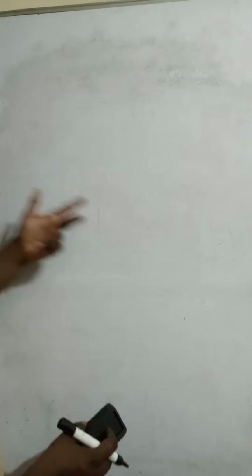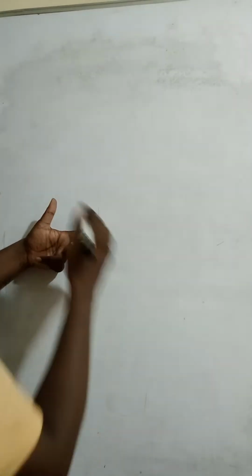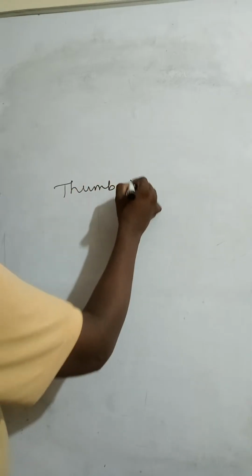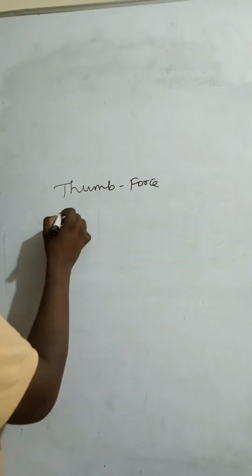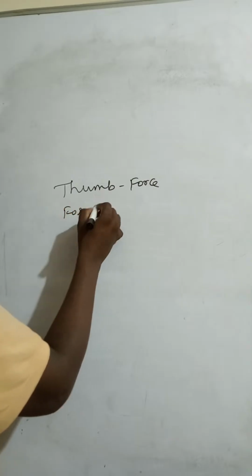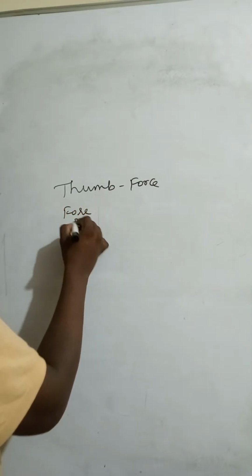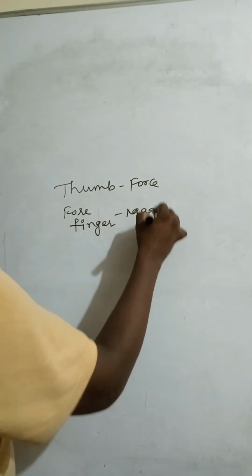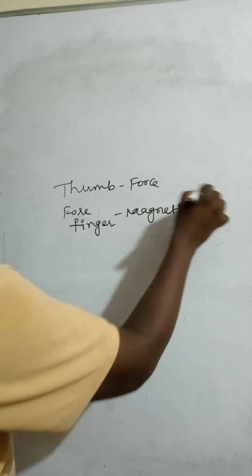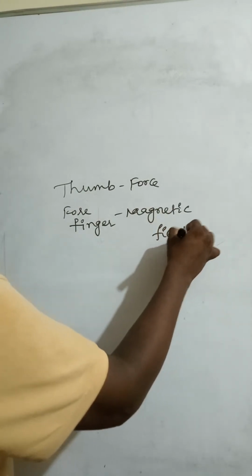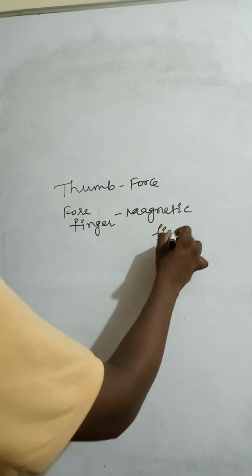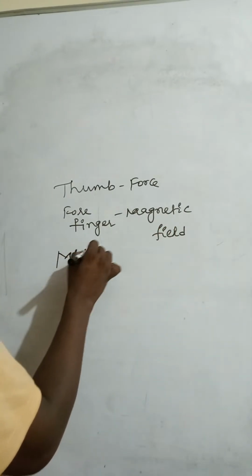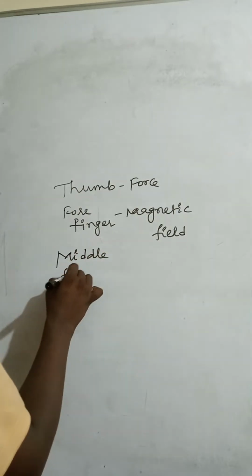So Fleming's left hand rule represents: the thumb represents force, the forefinger represents magnetic field, and the middle finger represents current.